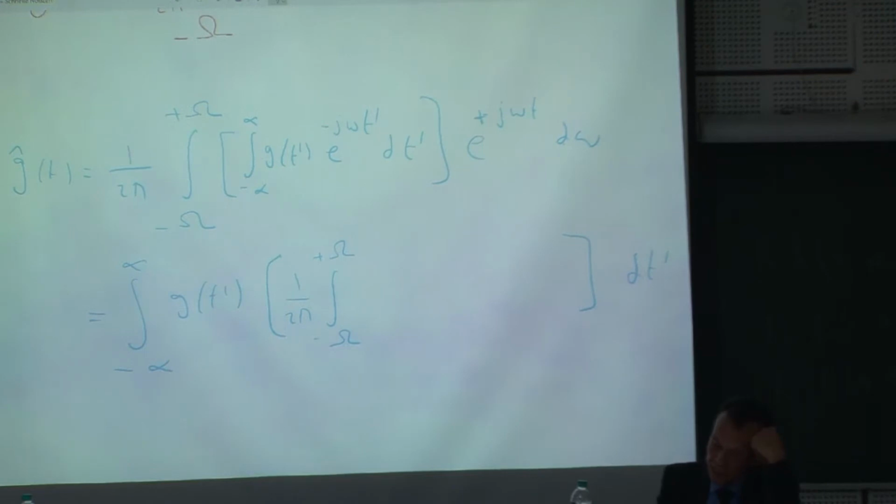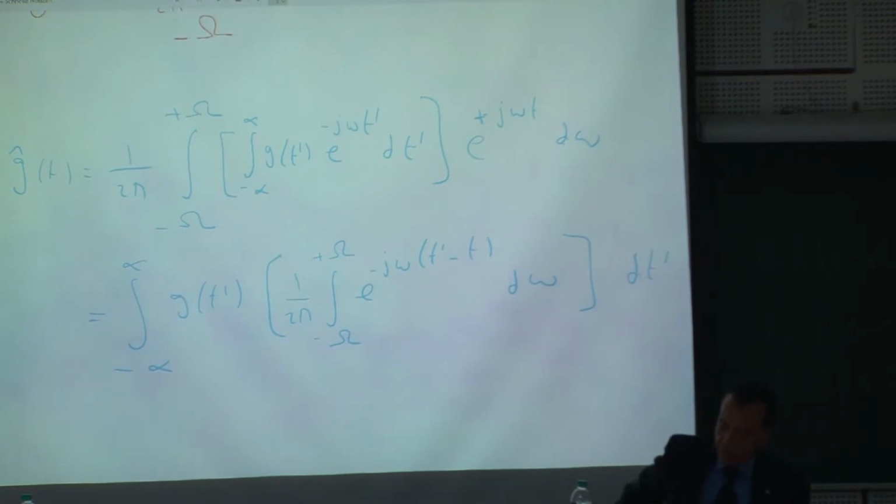One's plus, one's minus, so we have actually e to the minus j omega in t dash minus t, d omega. This is a very, very simple substitution. Correct? So it gives us the relation between what I can have based on measurements, and what I'm looking for. I am looking for g of t, and what I can reconstruct is g hat of t.